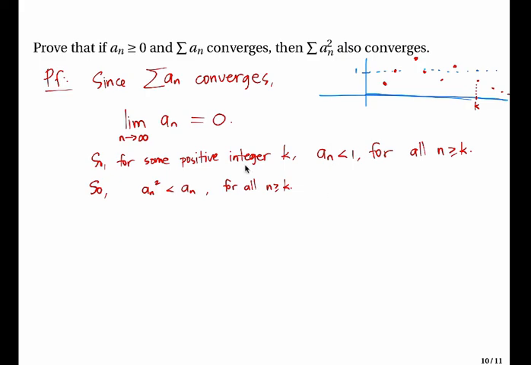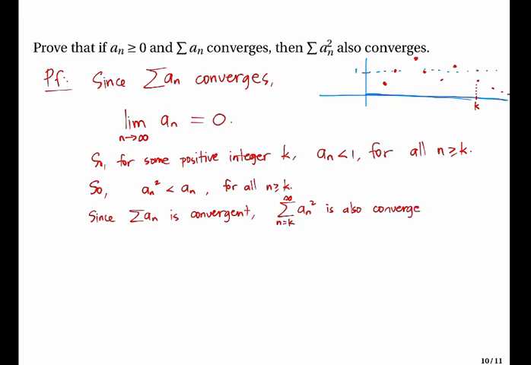So what? Again, the series a n is convergent. Therefore, the smaller guys will also be convergent. So, since the sum a n again is convergent, the sum a n squared, from k to plus infinity, is also convergent.